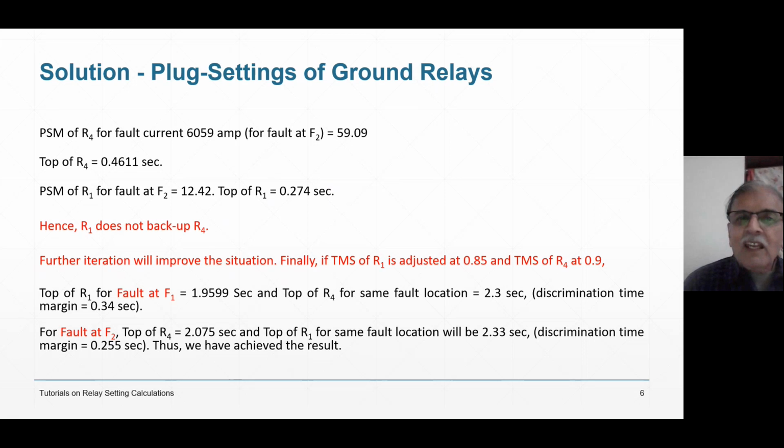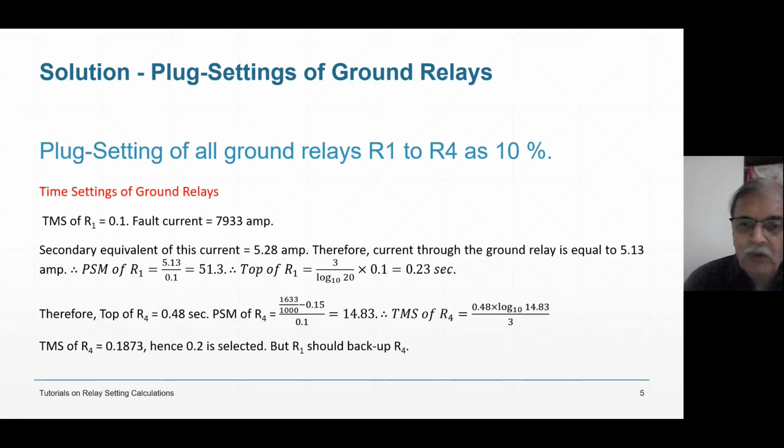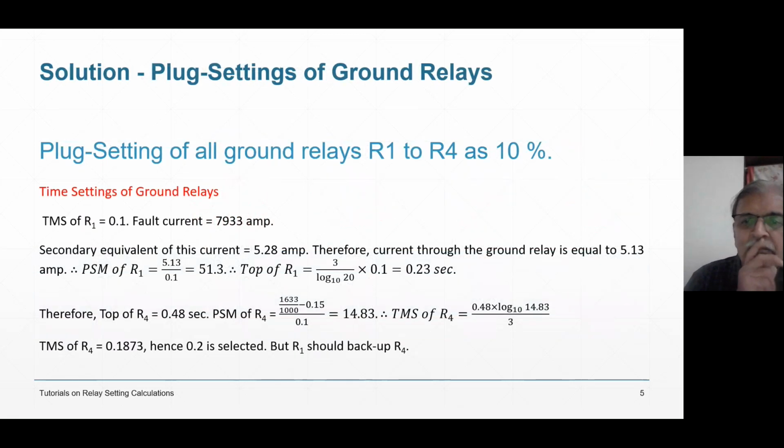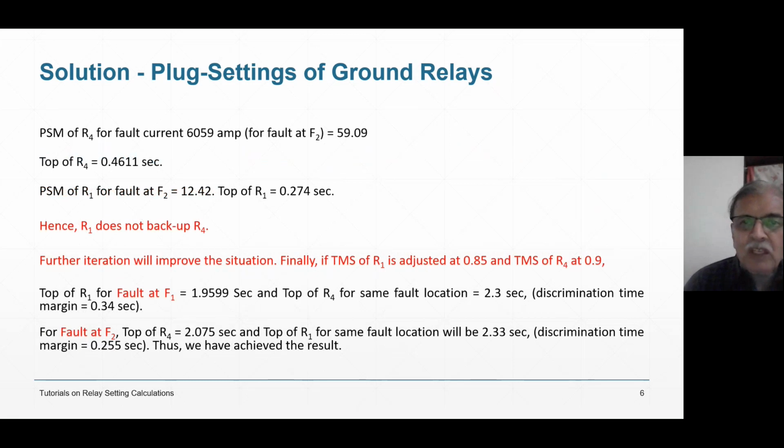And then that current will pass through R4, and that divided by the plug setting of R4, which I have calculated to be 10% only, same. So it comes out to be 59.09. I'll calculate for you so that we are not in doubt. So let me calculate.